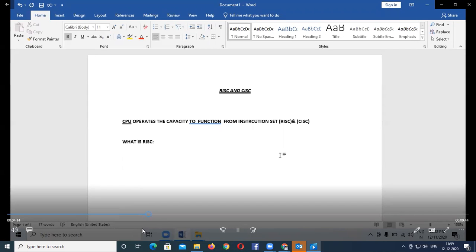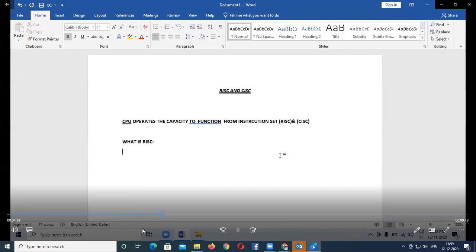RISC is a reduced instruction set computer microprocessor, and its architecture includes a set of instructions that are highly customized. The main function of this is to reduce the time of instruction by limiting as well as optimizing the number of commands.